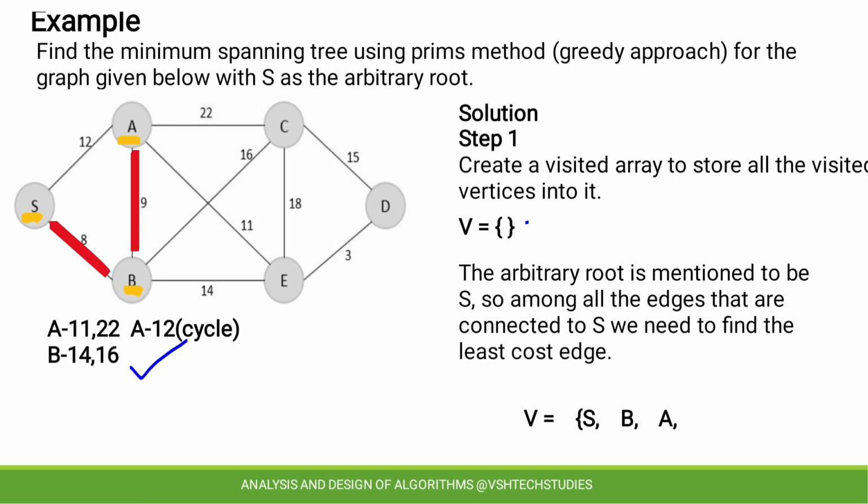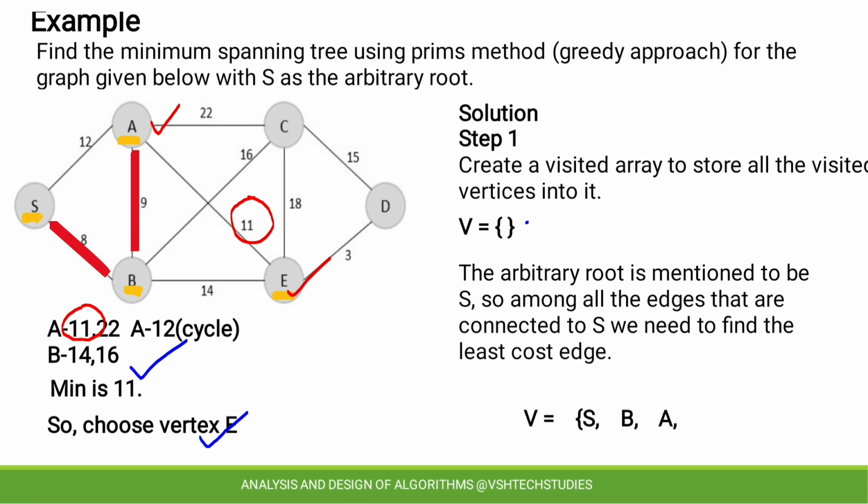The minimum is 11. So that edge is present here, which will be connecting A and E. So the minimum is 11 and we have to choose the vertex E. When vertex E is chosen, it is added to the minimum spanning tree vertices list. And in the graph, vertex A and vertex E are connected.